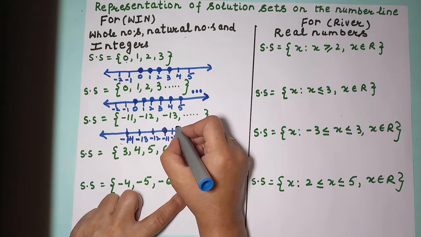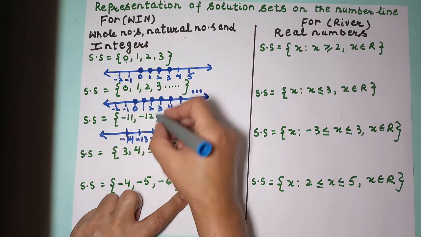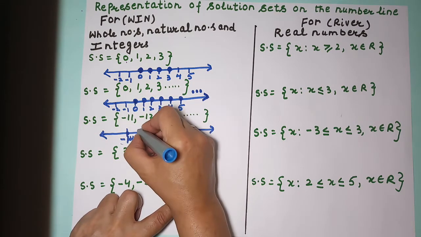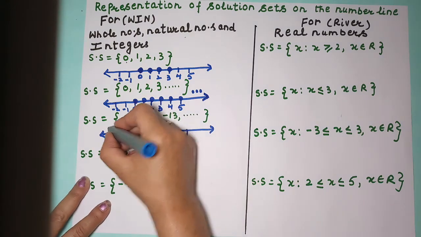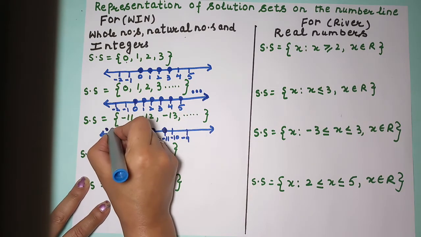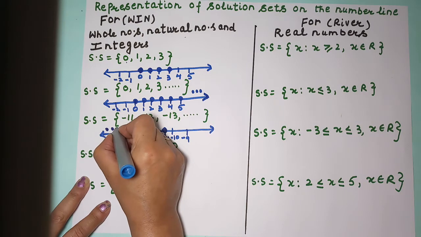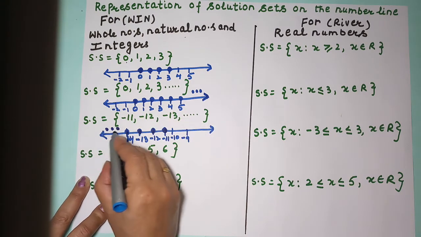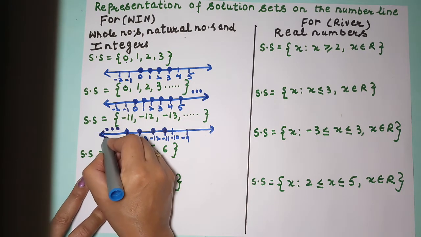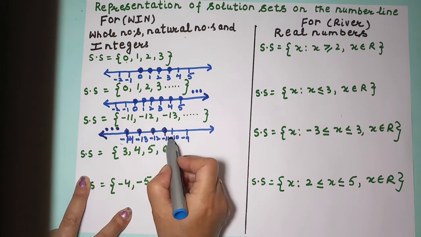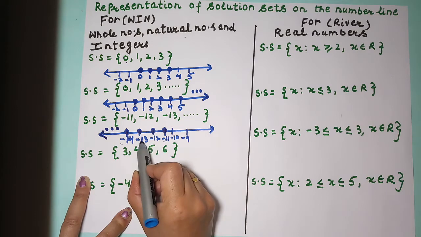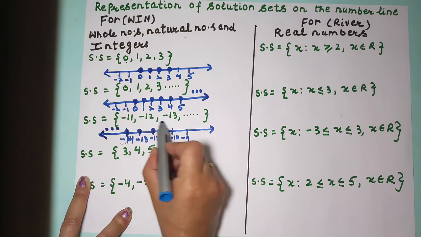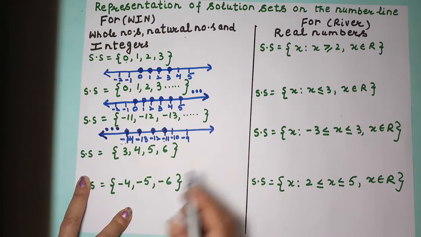It is decreasing in this direction, so all the numbers on this side are included, and we put three small dots on this side of the arrow. Because, as I explained before also, -11, -12, -13, -14, it's going in this direction.